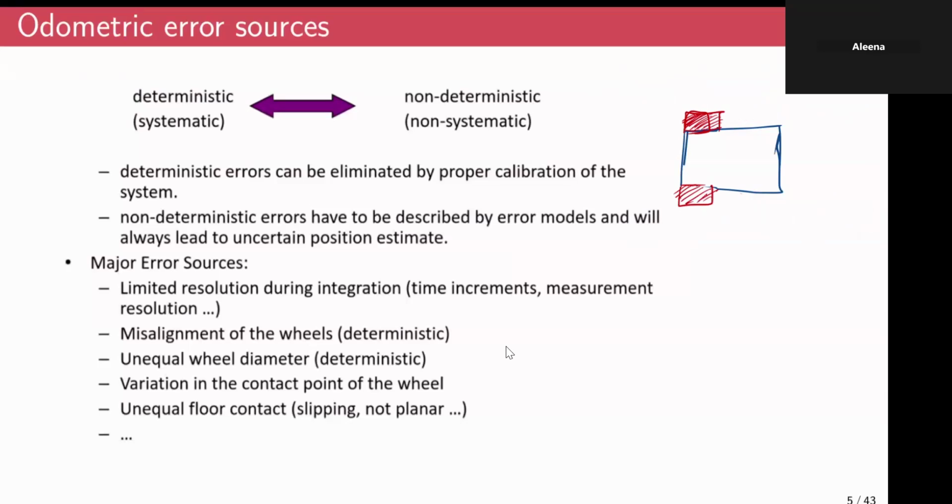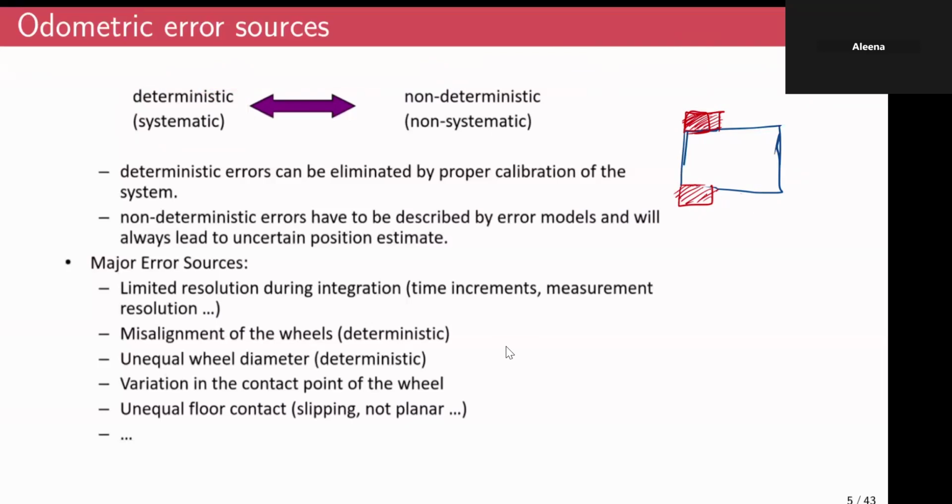This is another approach: instead of accommodating the errors in the model, we can eliminate the errors by refining our manufacturing processes. Errors that you can model and accommodate in your model, or eliminate through proper calibration, are what we call deterministic errors.